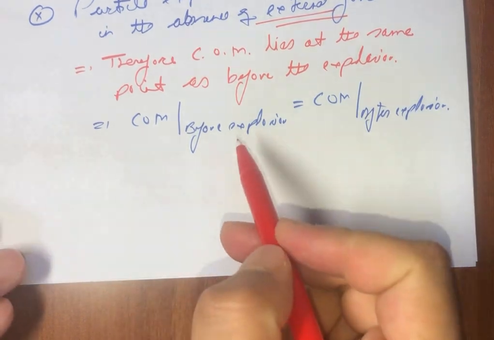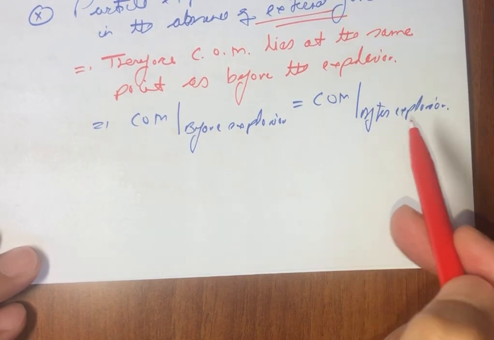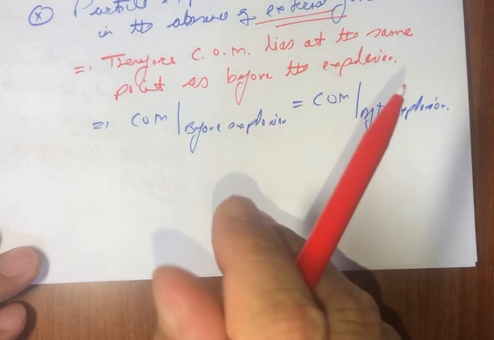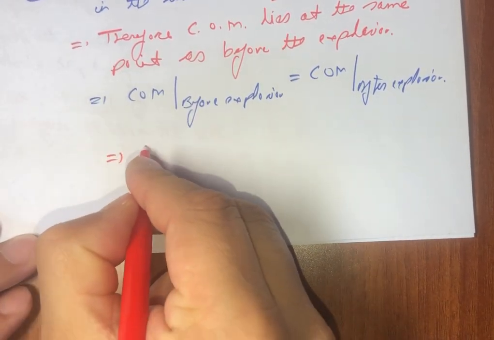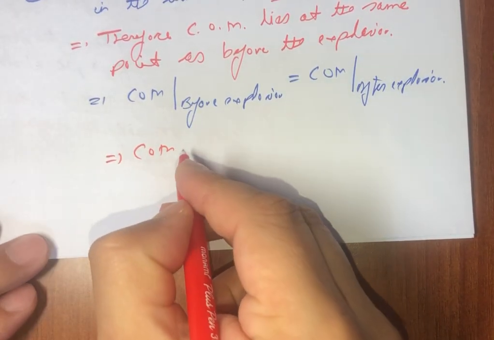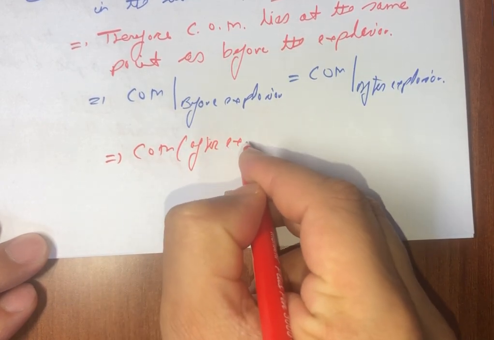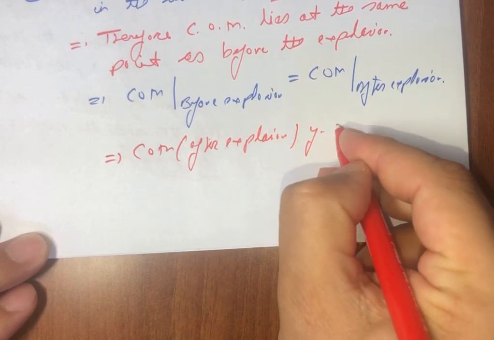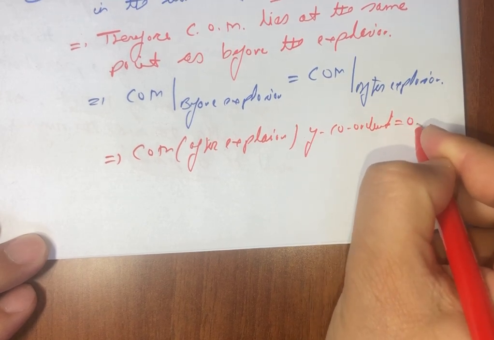So from here, the center of mass before explosion, the y component is 0. So therefore, the center of mass after explosion, y component will be also equal to 0.